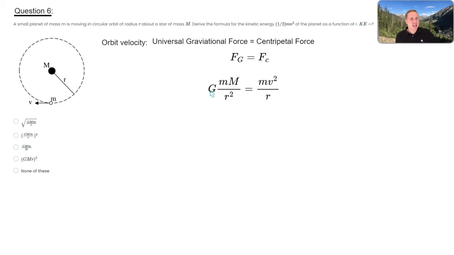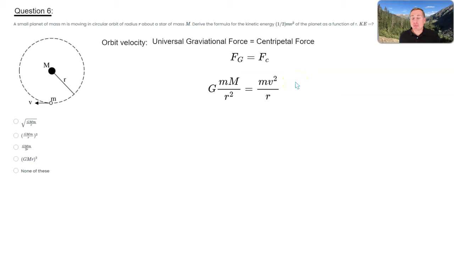So we just have G, capital M, lowercase m, over r squared, because that's the universal gravity force between the planet and the star, lowercase m being the planet, capital M being the star. The radius between them is r, so r squared is in the equation. And then that equals the centripetal force. If you recall, that's mv squared over r. Notice we did have to use lowercase m because it's the planet that's actually rotating around.